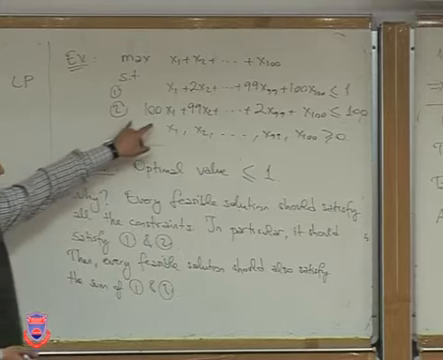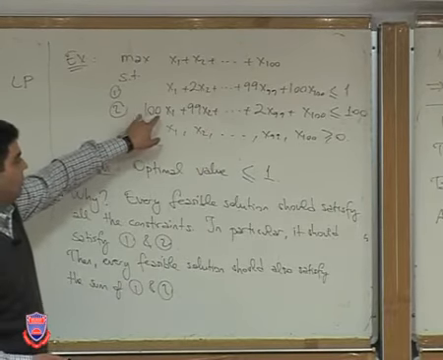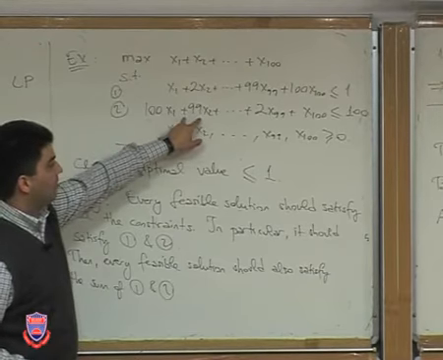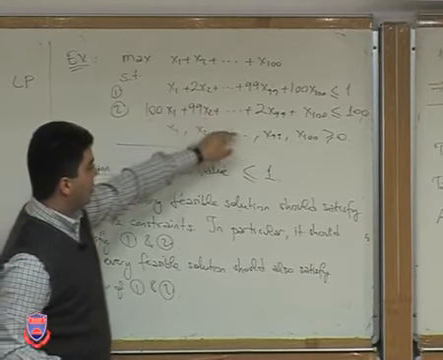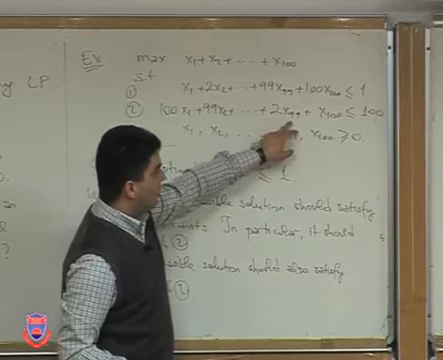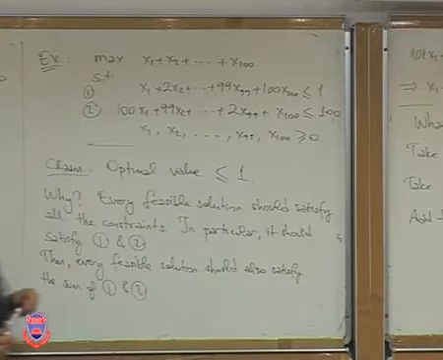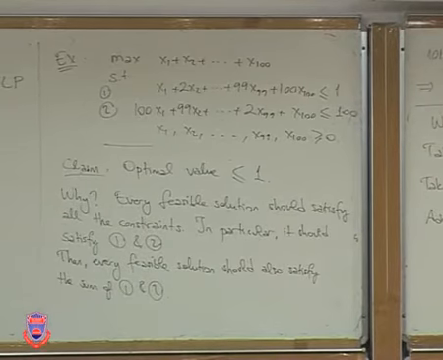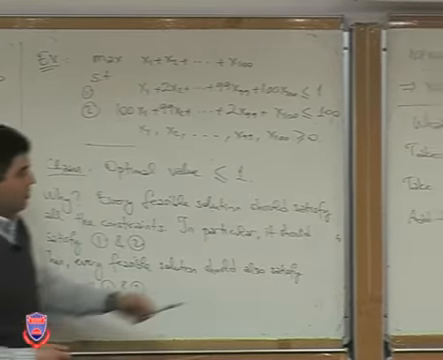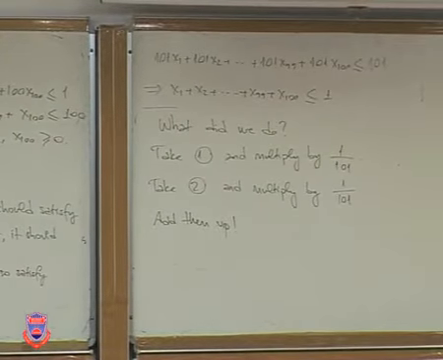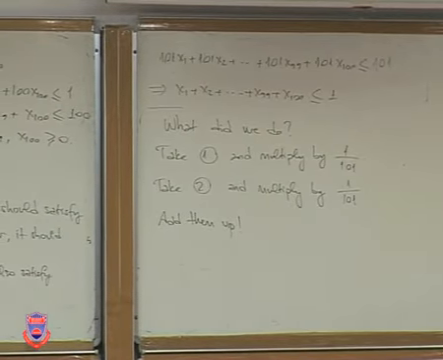If I do the same thing on the second constraint, the coefficients become 100 divided by 101 times x1, 99 divided by 101 times x2, and so on, 2 divided by 101 times x99, and 1 divided by 101 times x100, and the right-hand side becomes 100 divided by 101. And if I add them up, it's not too hard to see that you get exactly this inequality.